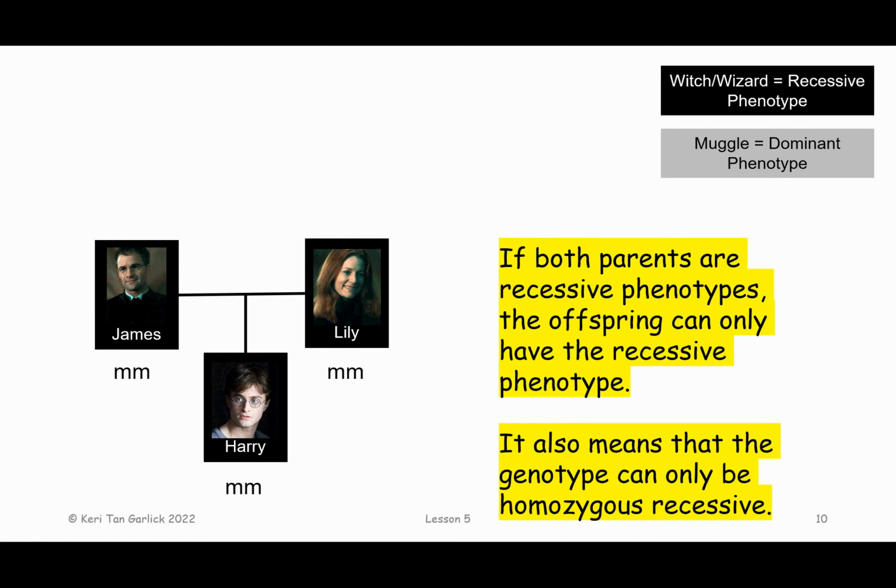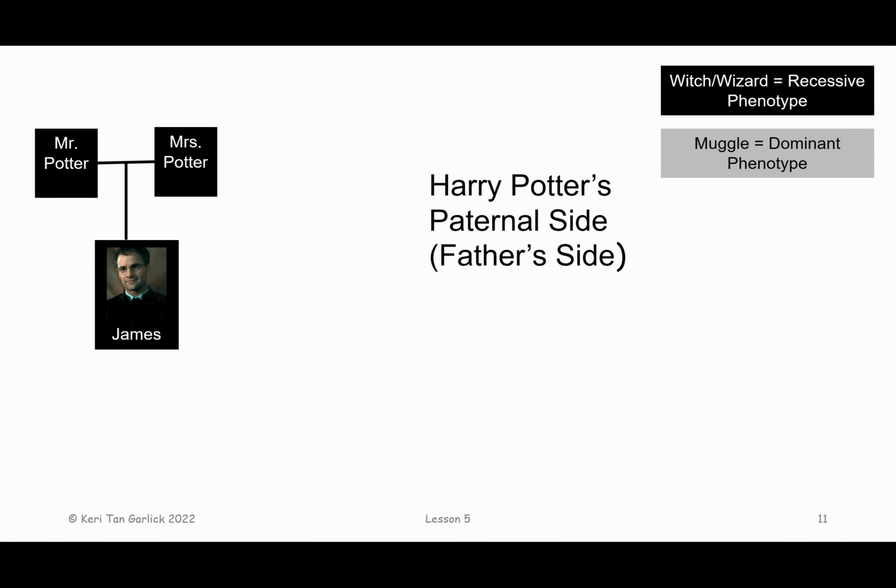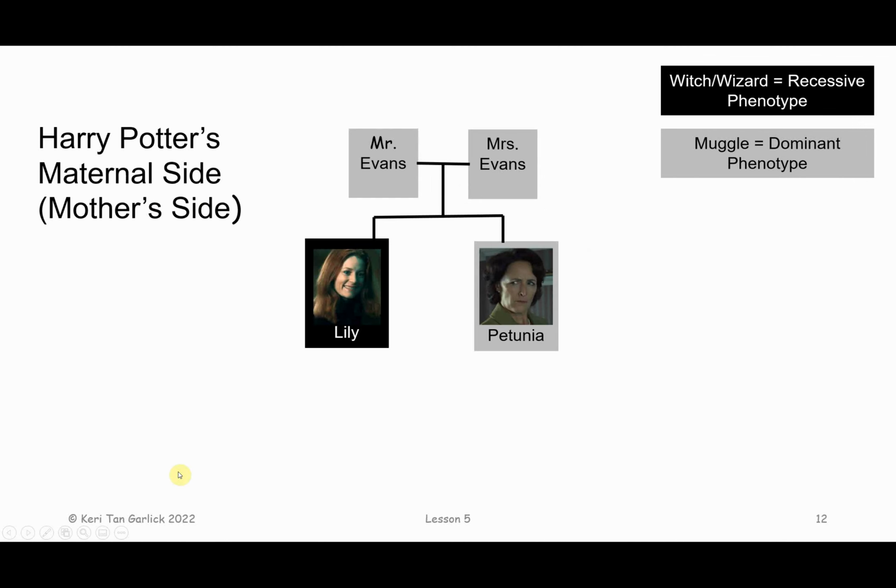So the rule goes that if both parents are recessive, the only thing that the offspring can be is also recessive, because they only can give that recessive allele. So that's really easy to go through and label everybody. Same thing when we look at James, and we know he comes from a purebred family. Both his parents are wizards, and so we see little m's there as well.